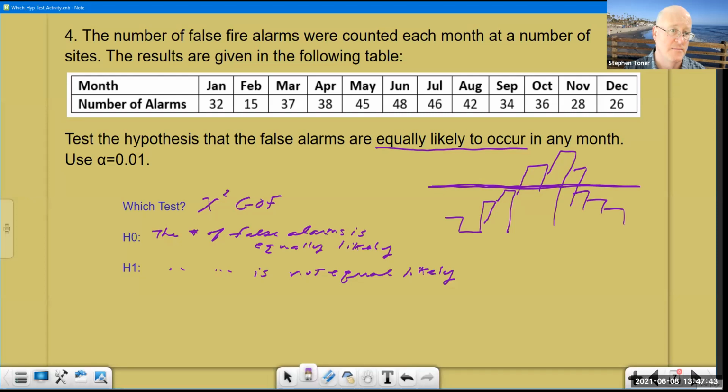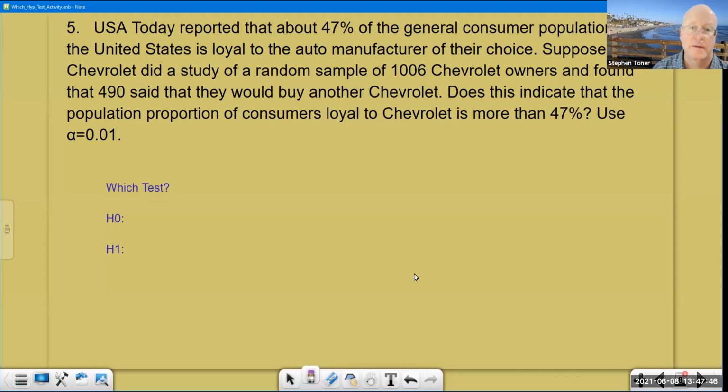Number 5. USA Today reported that about 47% of the general consumer population in the United States is loyal to the auto manufacturer of their choice. Suppose that Chevrolet did a study of a random sample of 1,006 Chevrolet owners and found that 490 said that they would buy another Chevrolet.